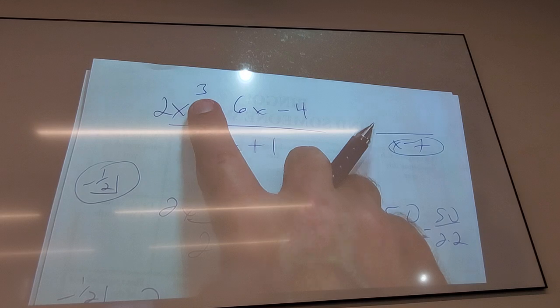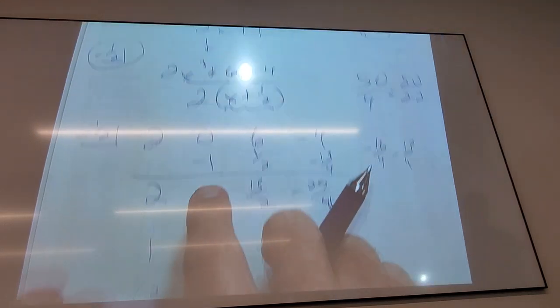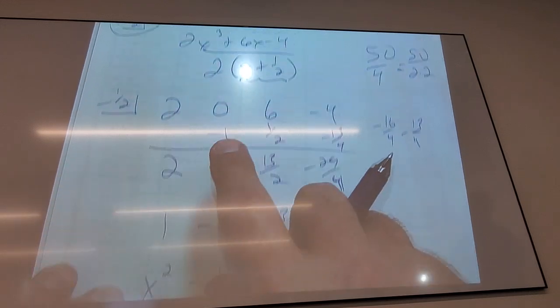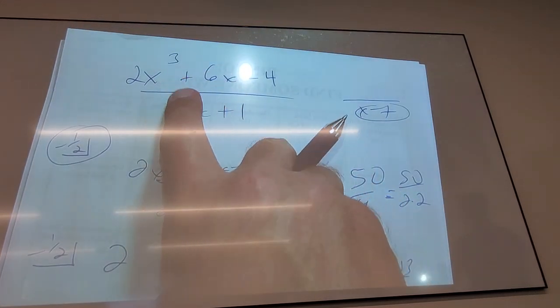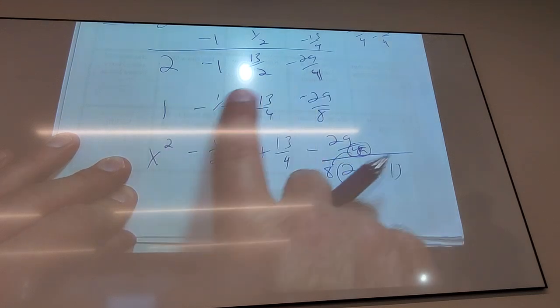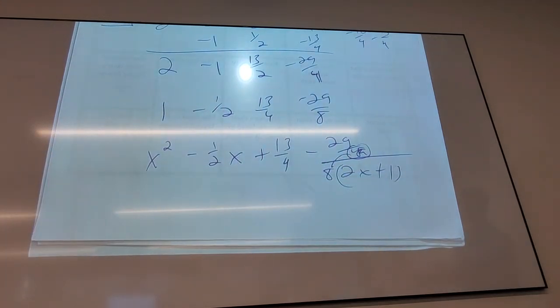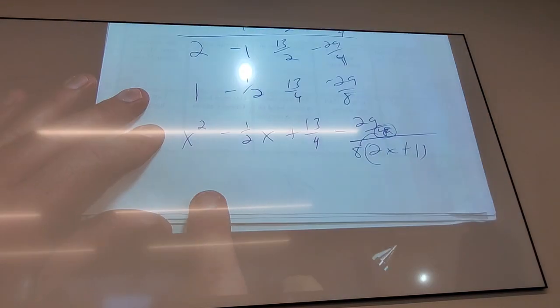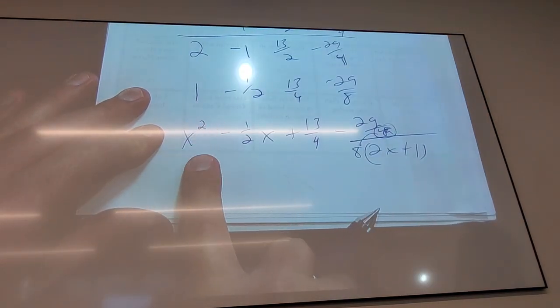If I just look at this, 2x cubed divided by 2x is x squared, right? So anytime I do this division once, I'm going to lose an x. So all my coefficients now are coefficients of one less x than they were before. And it really is just 2x cubed divided by 2x is x squared. So that makes sense that that's there.